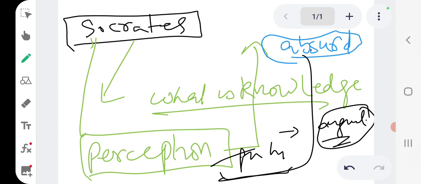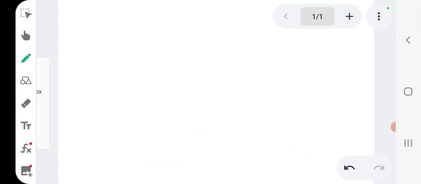Anyway, people have different opinions about it. I think there's sleight of hand. But this is a technique. Socrates is known for it, but it's not specific to him. A lot of people use it.